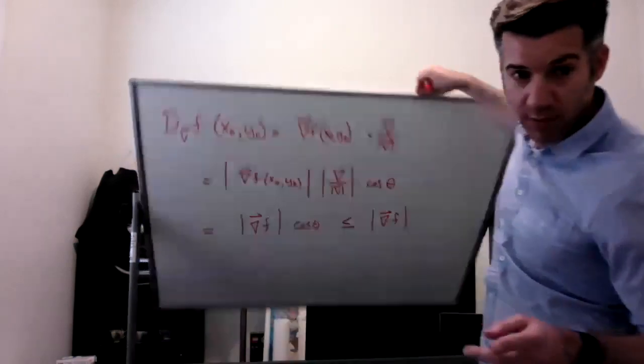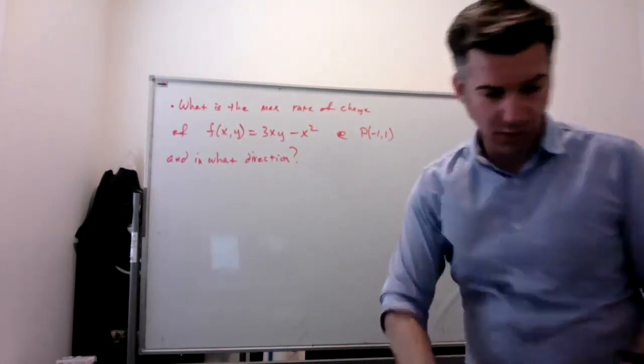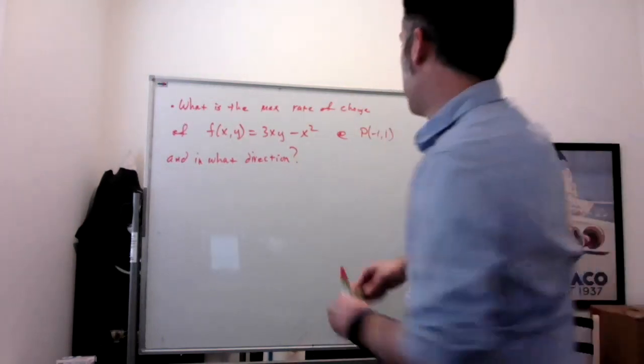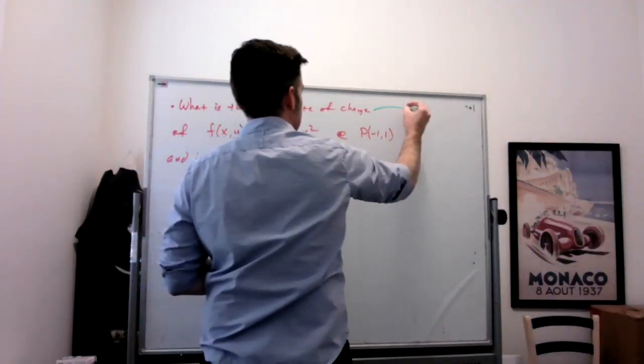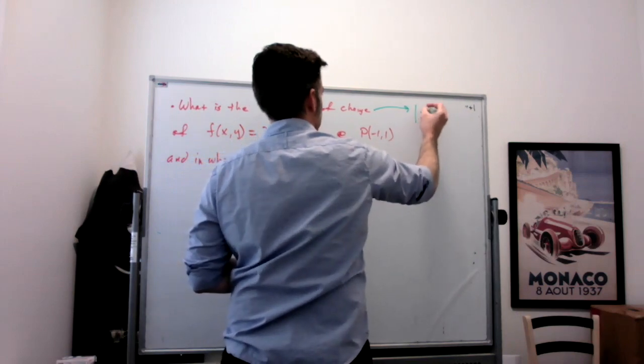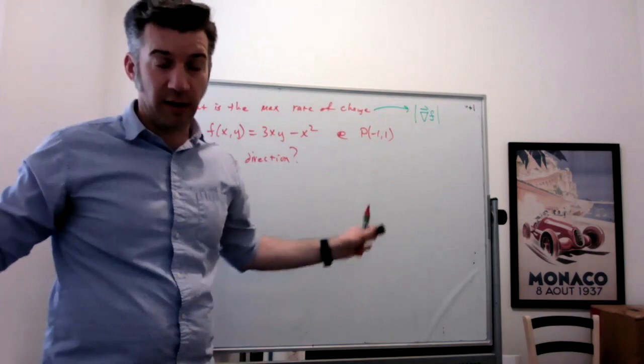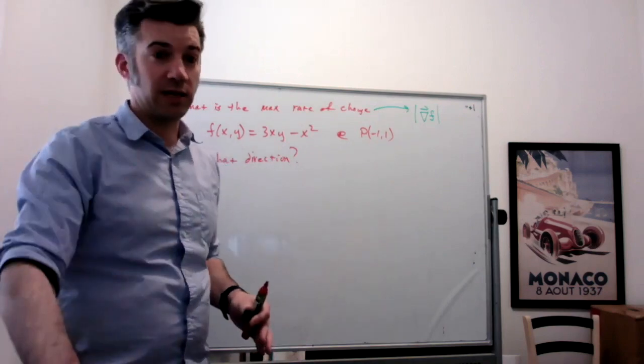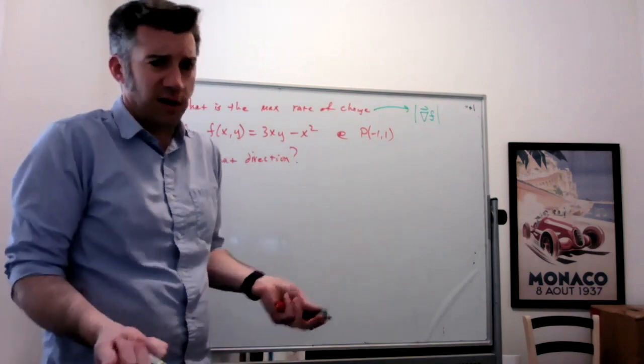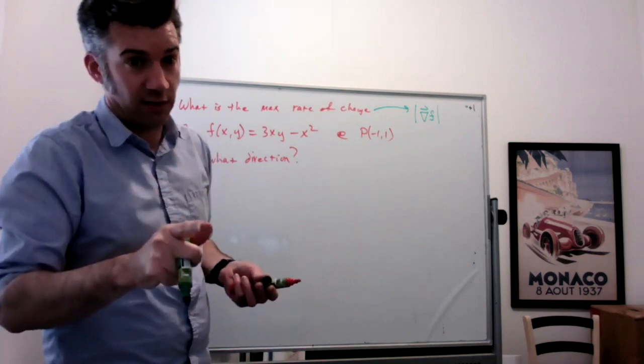So the maximum rate of change is in fact the magnitude of the gradient of f. No ifs, ands, or buts about it. If someone asks you what's the maximum rate of change, it's the magnitude of the gradient of f.